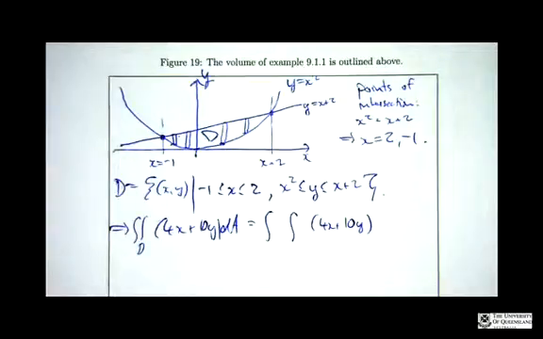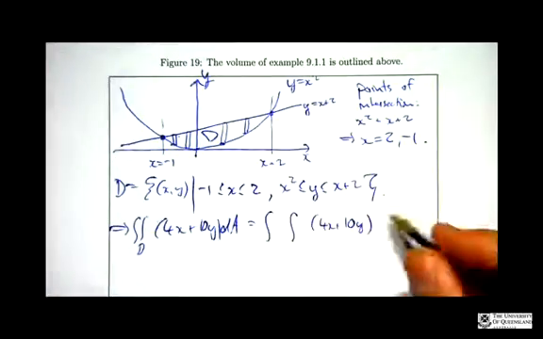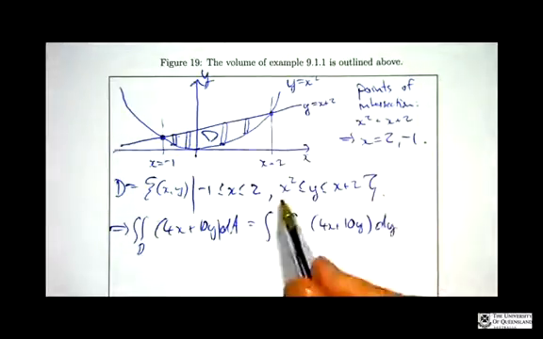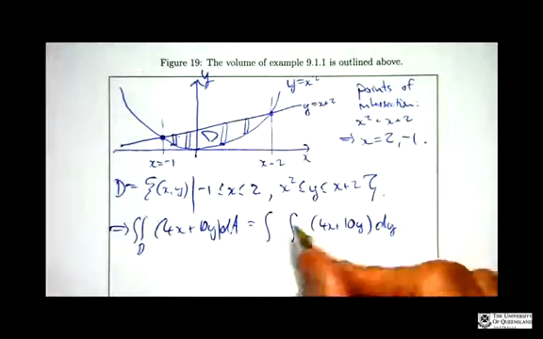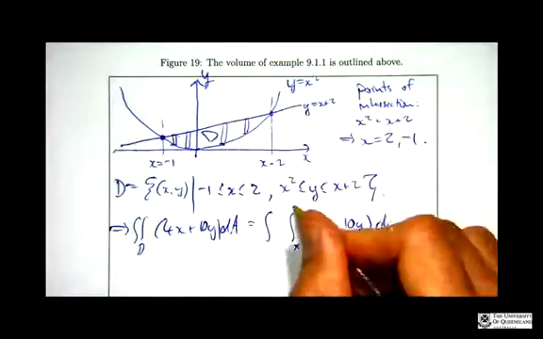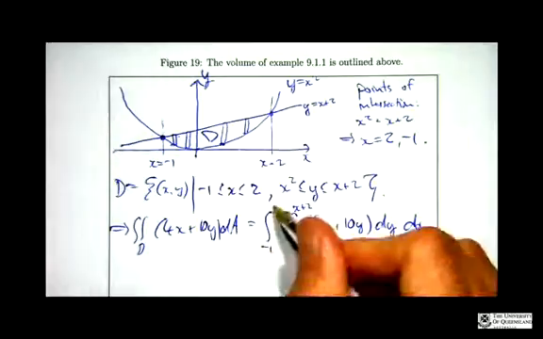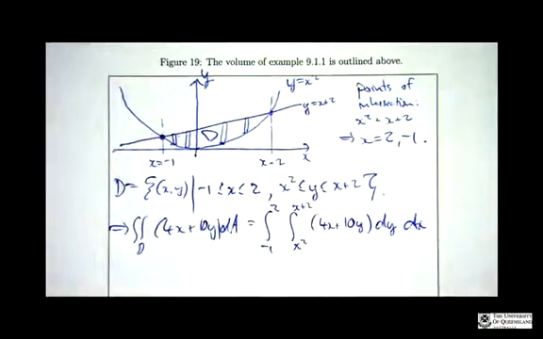Corresponding to type 1 regions, which always give constant bounds to x, and the bounds for y are, in general, functions of x, that means the first variable in the iterated integral, the inner integral, must be an integral with respect to y, because the bounds are functions of x. So the lower bound is x squared, and the upper bound is x plus 2, and then we're integrating finally with respect to x between negative 1 and 2.